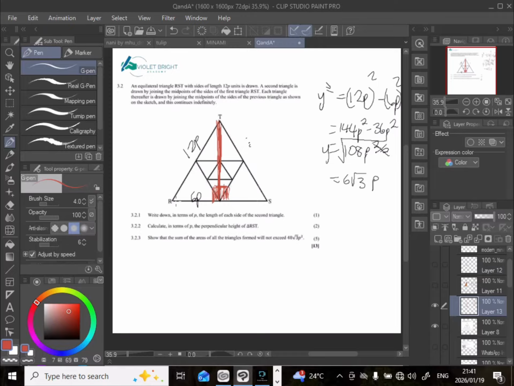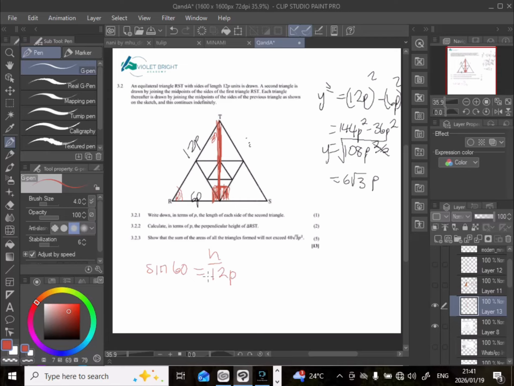So now let's just say here it's 60 and here it's 30. So now it's going to be like this. Remember, when we are using 60, this is the opposite side. And since this is the opposite side, it's going to be sine 60 equals opposite, which is the side that we are looking for, let's just say h, over 12p.